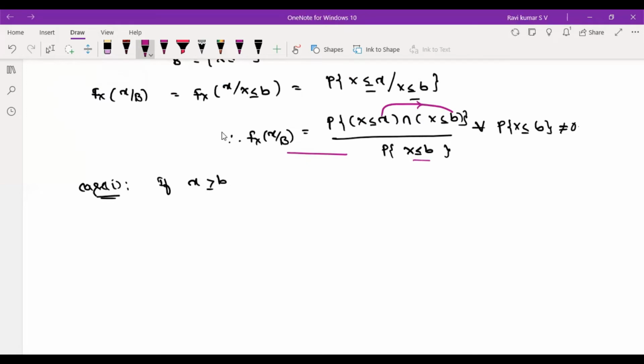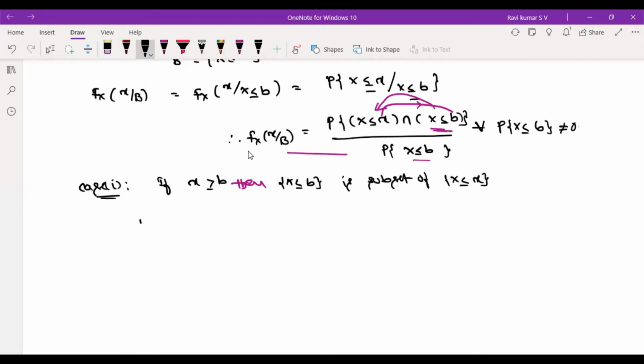So if I take the intersection of the two, then the event X less than or equal to b is a subset of X less than or equal to x.